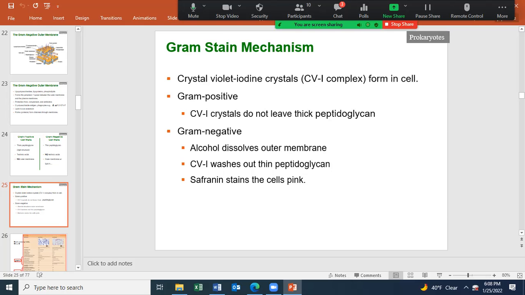The gram-negative cell wall has a thinner peptidoglycan layer, and the alcohol dissolves the outer membrane because alcohol dissolves lipids. And then the crystal violet iodine complex washes out of the thin peptidoglycan. The cells stain pink because we then apply the counterstain, safranin, which stains the cells pink. Any question about any of that?